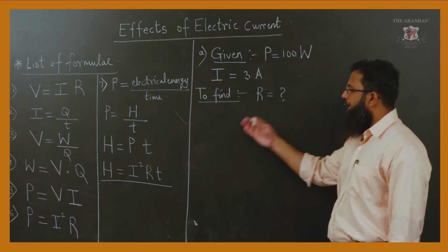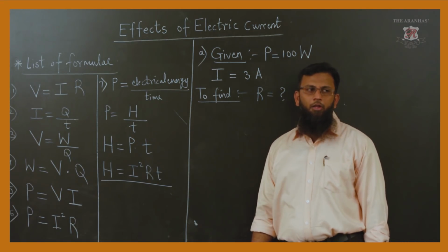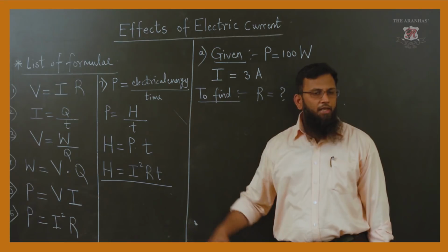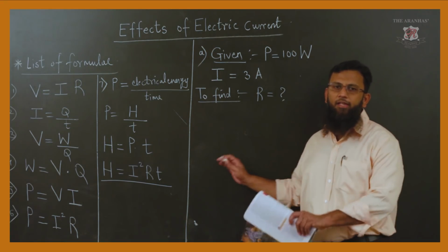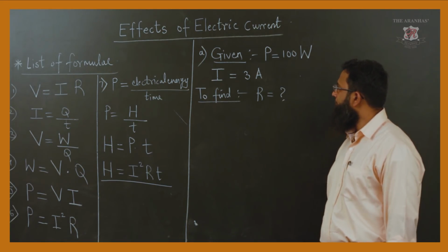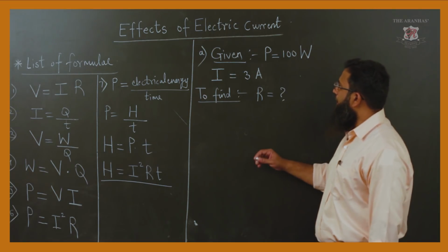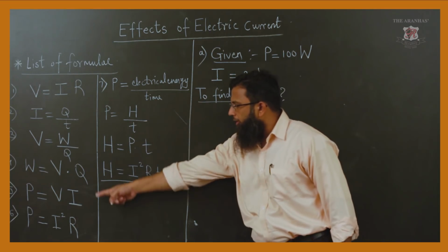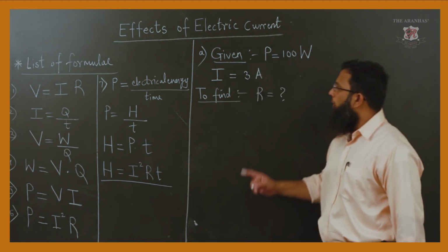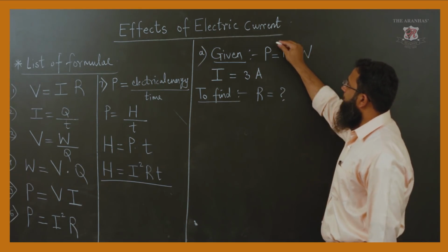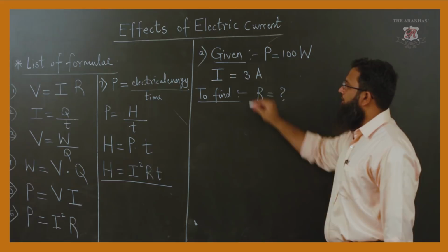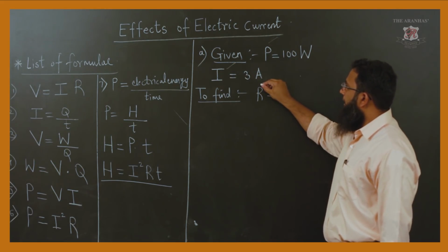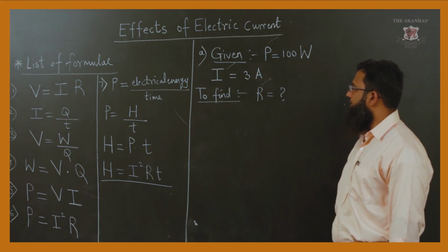So, nicely we have all the data, the required formulae and everything along with us. Let us try to find out which suitable formula can be applied in which all these 3 terms are given. Power is there, current is there and resistance is there.